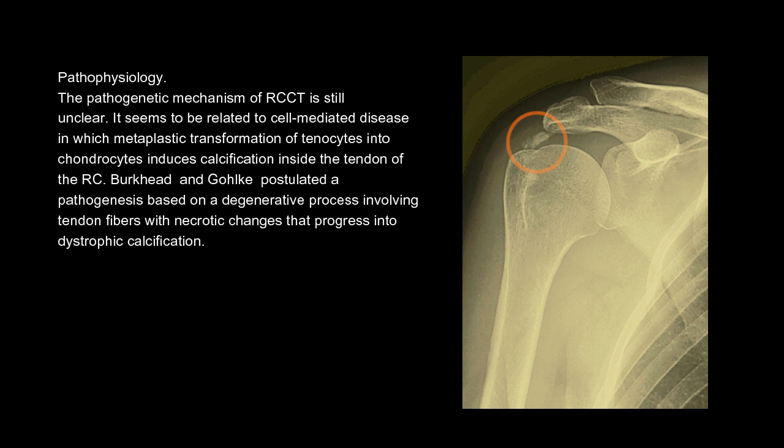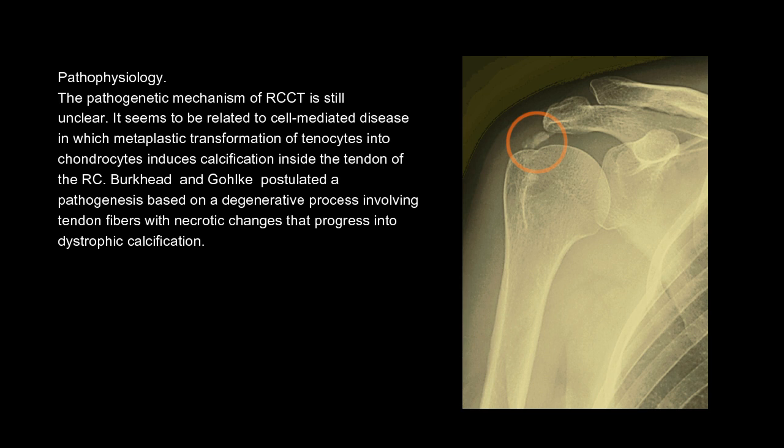Pathophysiology. The pathogenetic mechanism of RCCT is still unclear. It seems to be related to cell-mediated disease in which metaplastic transformation of tenocytes into chondrocytes induces calcification inside the tendon of the RC.